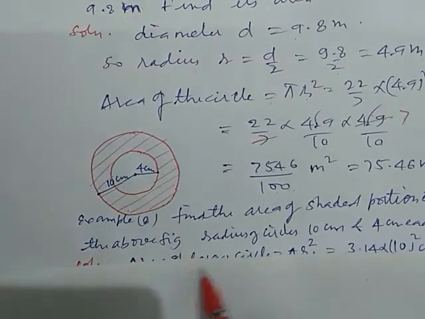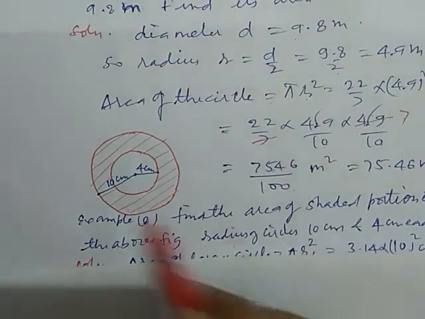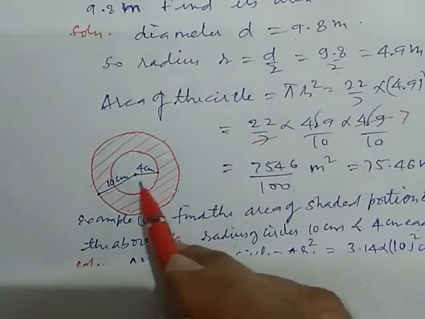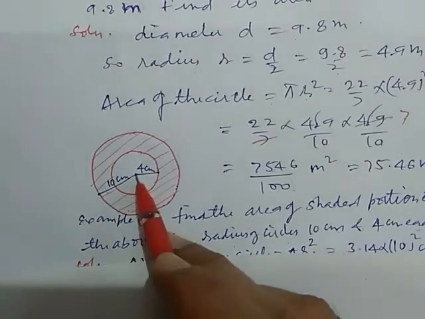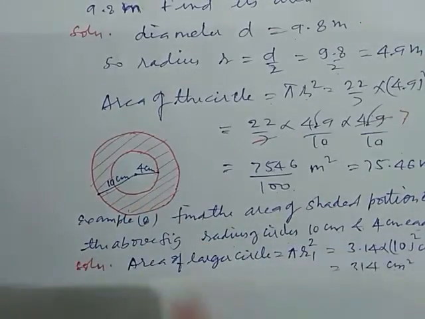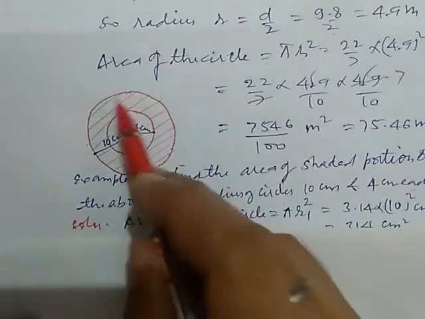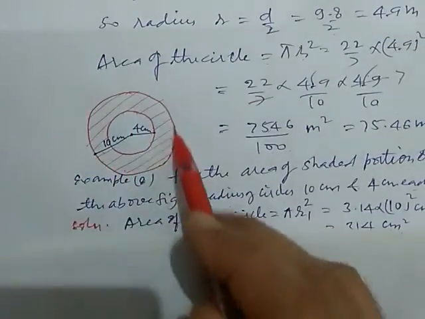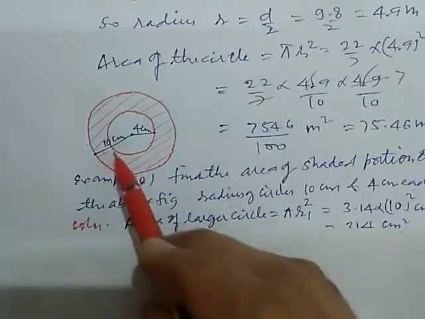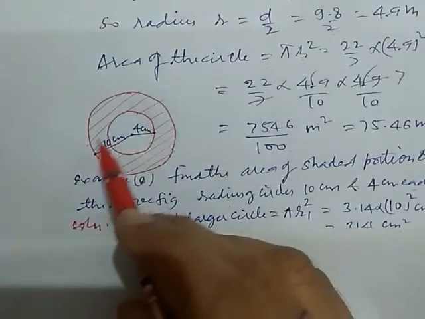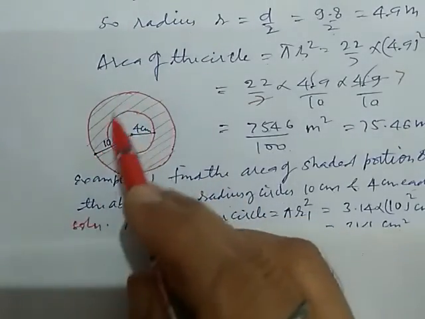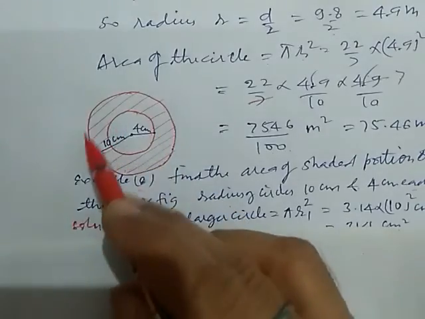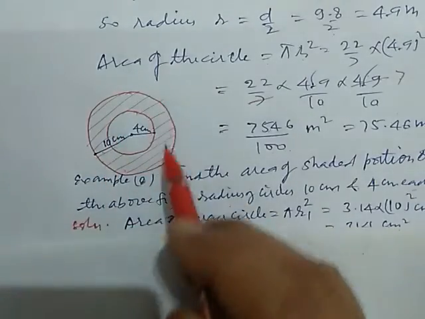Radius of the circles is 10 centimeter and 4 centimeter. Larger having 10 centimeter, smaller having 4 centimeter. First we find the area of the larger circle, then the area of the smaller circle, and we subtract the area of the smaller circle from the larger circle, so we get this shaded portion.